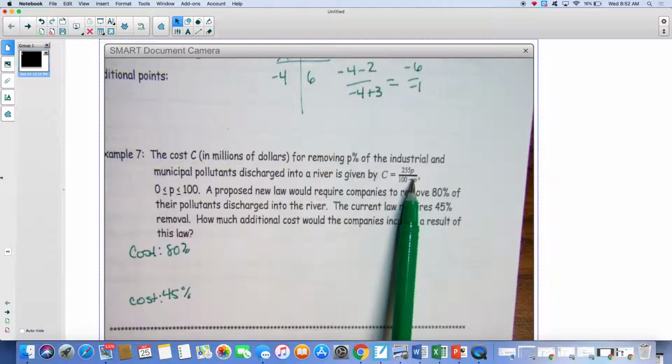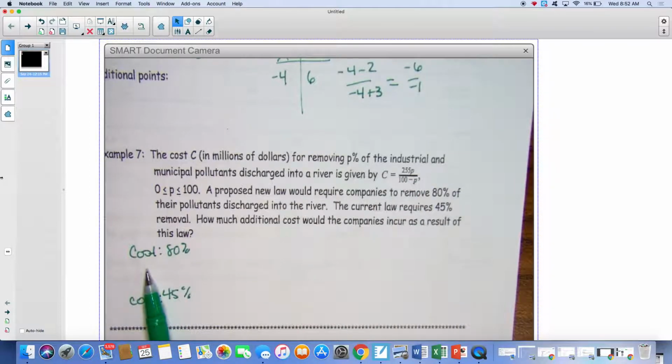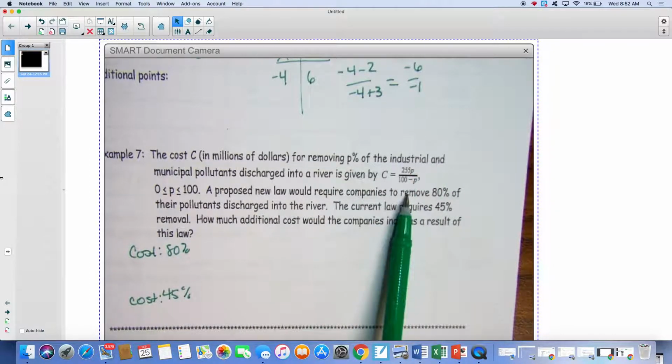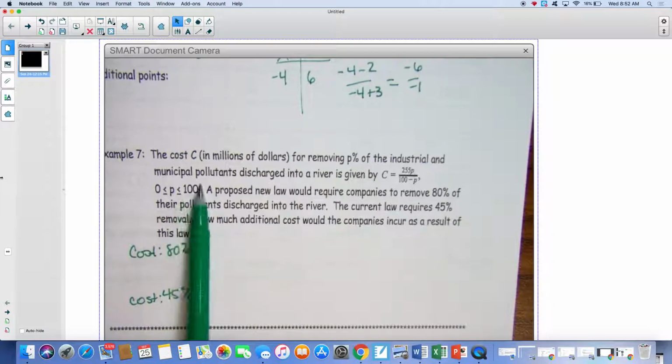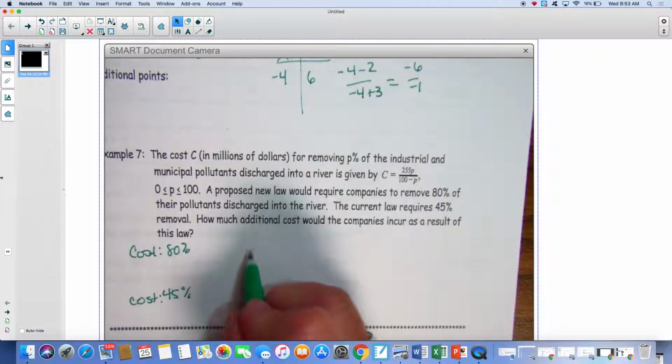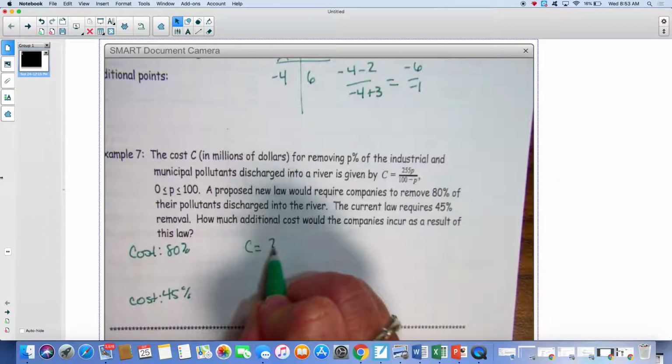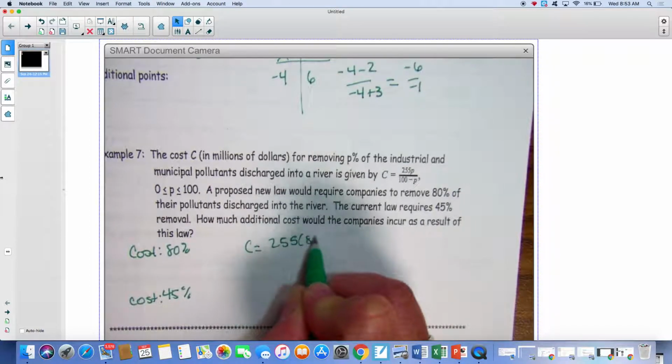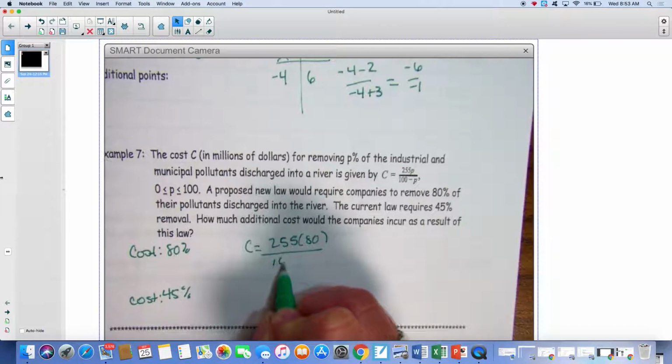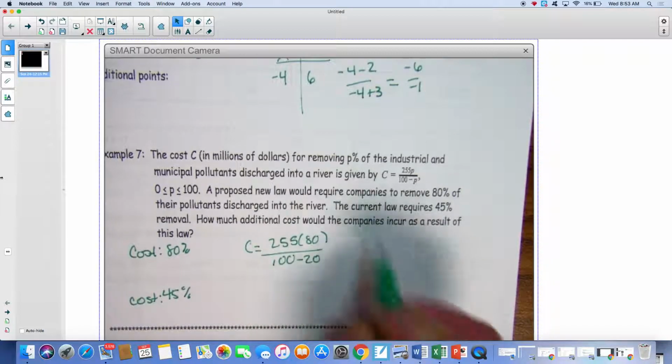What is P for this one? It's 80. You are so used to making percentages a decimal. In this case, the formula took that into account, and they told you that P is between 0 and 100. So they're telling you don't make it a decimal. So C equals 255 times 80 all over 100 minus 80.